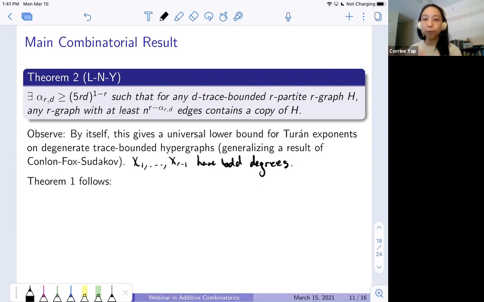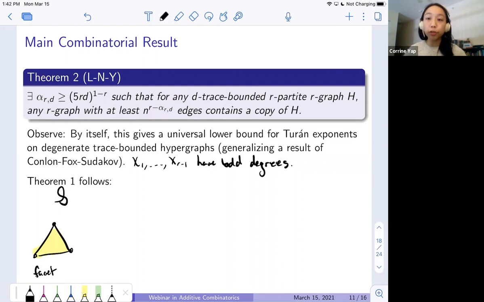So how do I get from homeomorphs to just D trace bounded graphs? Let's suppose that I have my simplicial complex, and a bunch of facets that look like this, again drawing for the case R equals 3. I want to find a homeomorph of it.